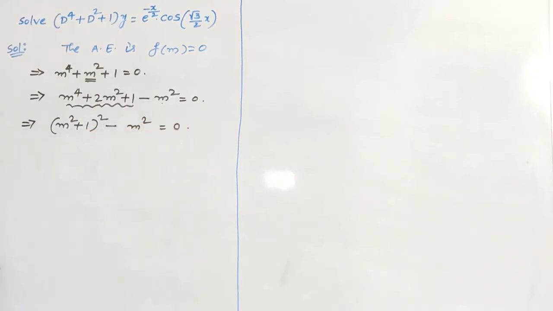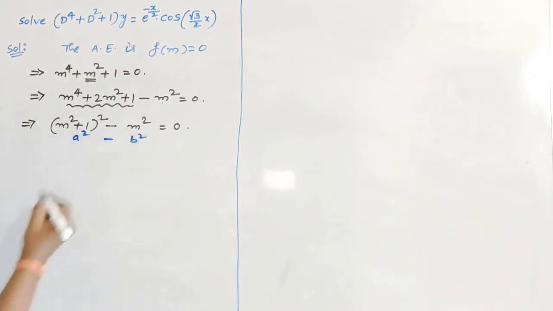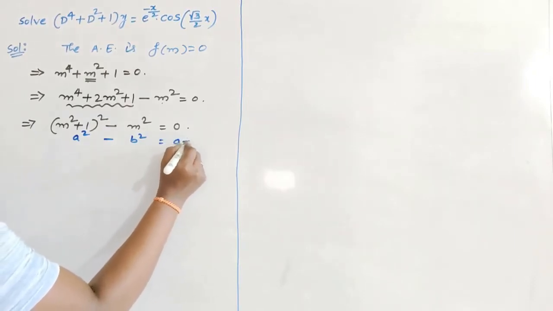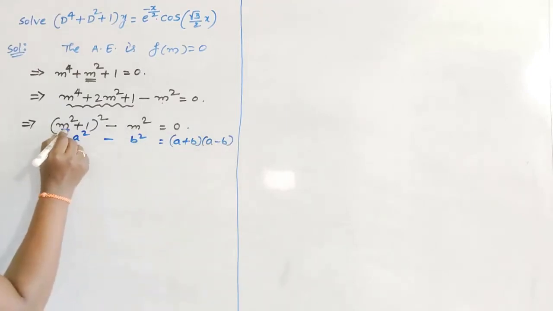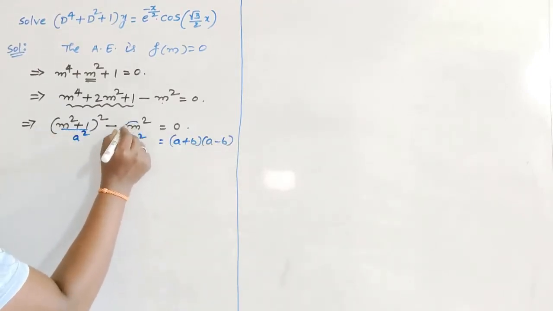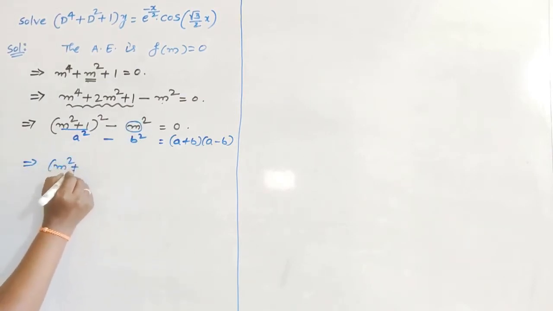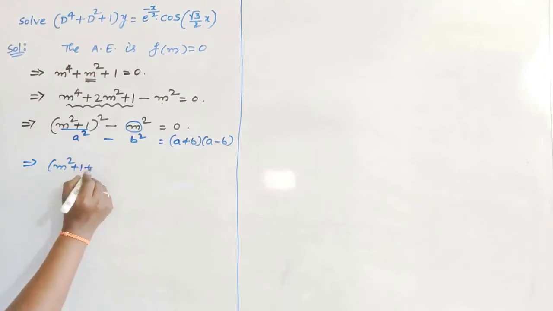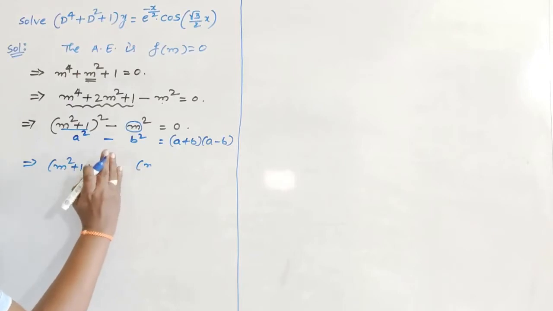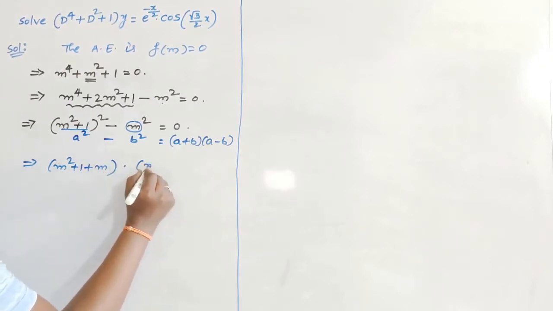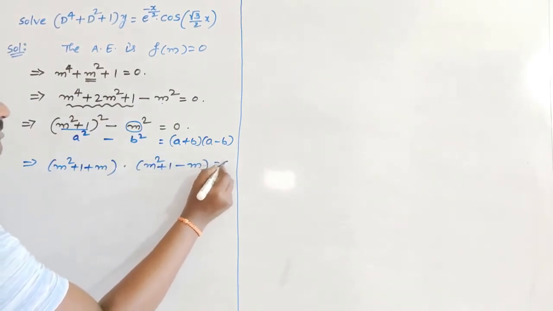Now you can easily observe that this is in the form of a^2 minus b^2. This is nothing but (a + b)(a - b). What is a? m^2 + 1. What is b? Just the m value. So you will get (m^2 + 1 + m), the product of a plus b into a minus b, (m^2 + 1 - m) is equal to 0.